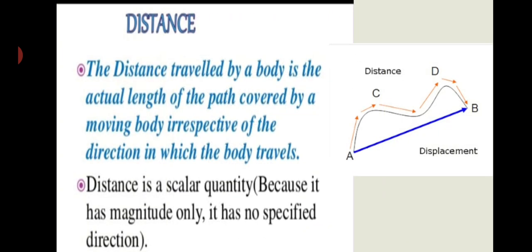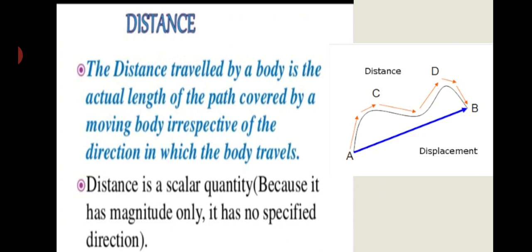So first, distance. The distance traveled by a body is the actual length of the path covered by a moving body irrespective of the direction in which the body travels. Distance is a scalar quantity because it has magnitude only. It has no specified direction.